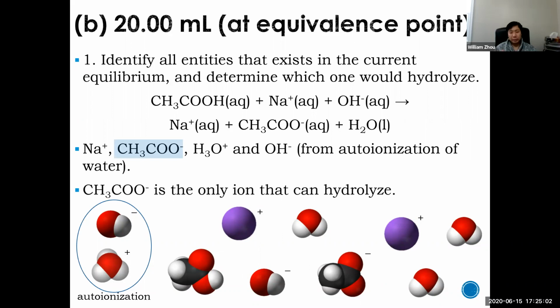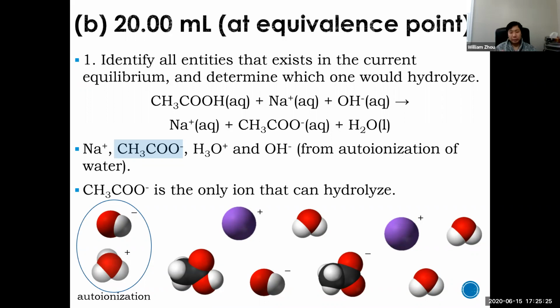As a result, you rip a proton from the water to make hydroxide. The presence of the hydroxide will make it basic. Thus, the solution should be basic, and our job is to calculate the concentration of that hydroxide, take the negative log, and calculate the pH.